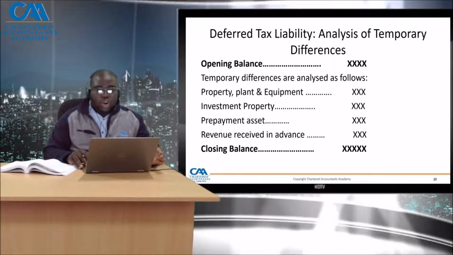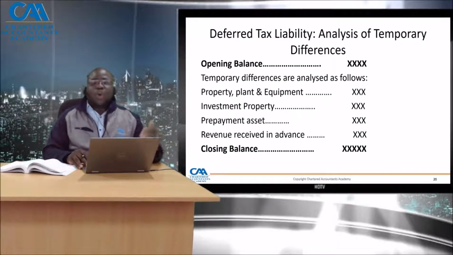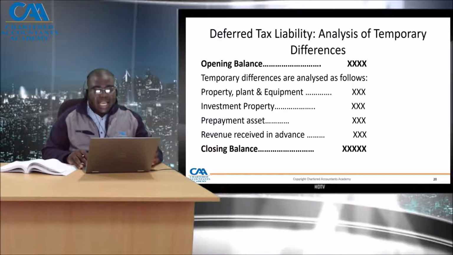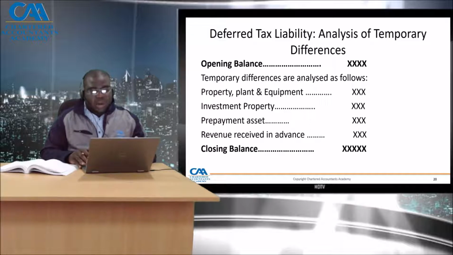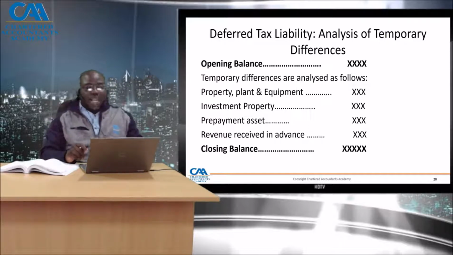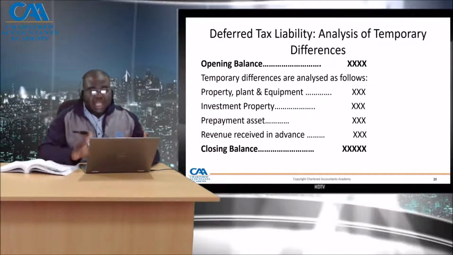Then you can also show your reconciliation, as we learned earlier, that deferred tax is recognized in different statements. And in that case, you are saying your opening balance, then you show us how much of the movement went through profit and loss, that went through OCI, that went through equity and goodwill, and that ties out with the closing balance. This is simply the requirement.